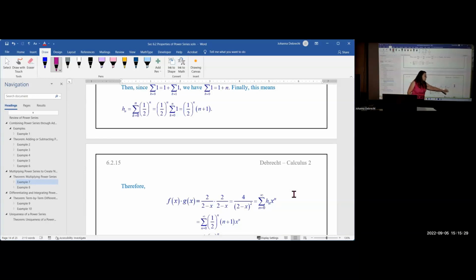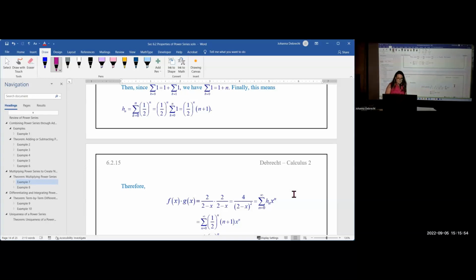And this has to be the power series representation of the product, which is the series from 0 to infinity of H sub n x to the n. Now, H sub n we found up here can be represented as 1/2 to the n times n plus 1. So we replace H sub n with what it's equal to, 1/2 to the n times n plus 1 times x to the n.